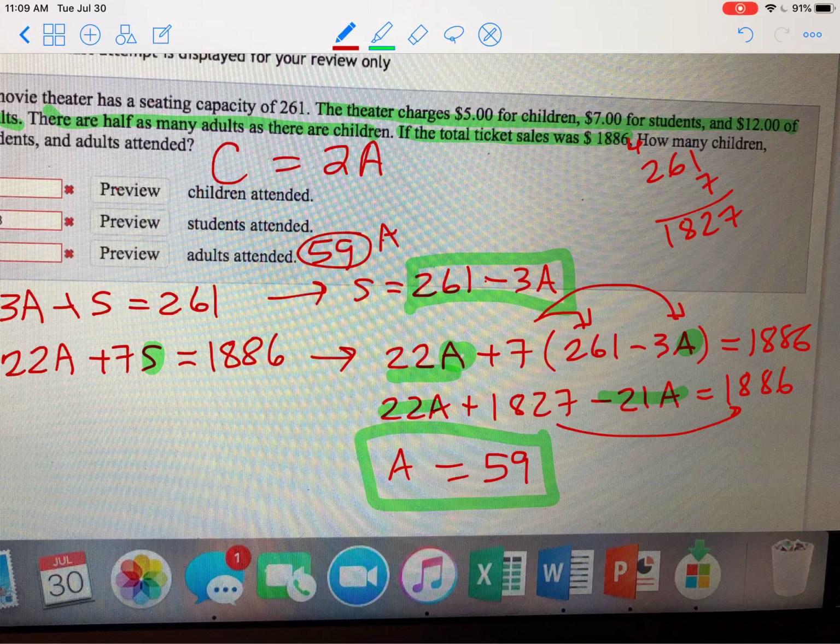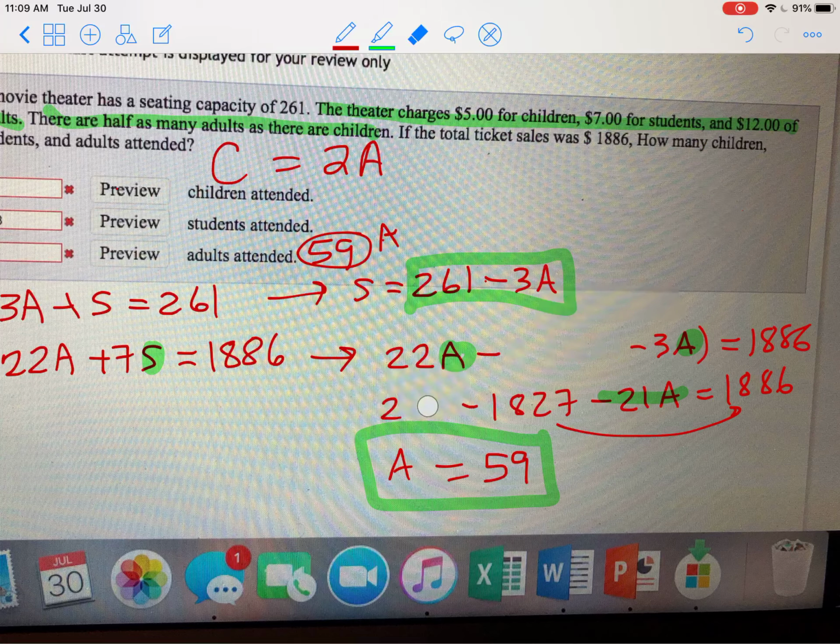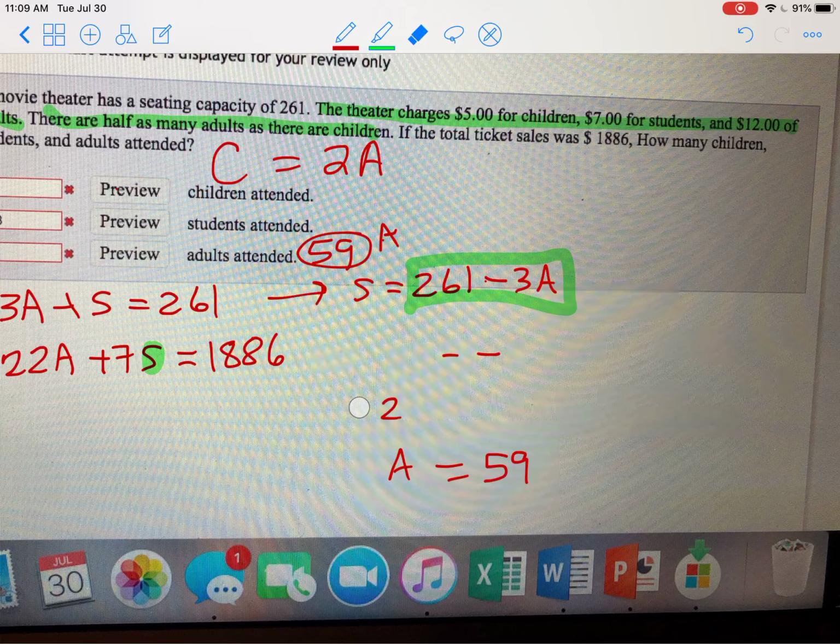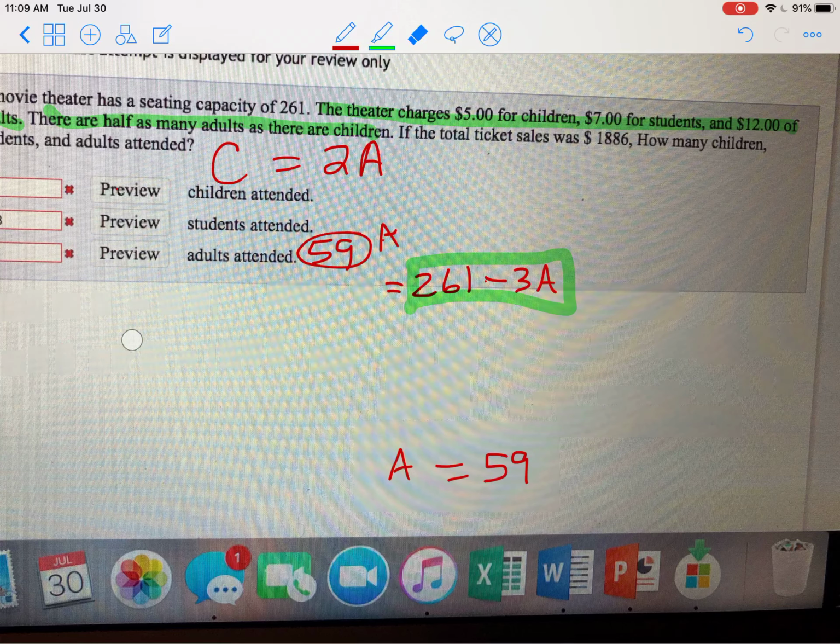Okay, and actually, since we have what A is, notice here we have that C is twice A. So actually we can get C. It's a little bit busy up in here, so let me get rid of some of this scratch work. Oh, I shouldn't have erased that S. There's an S that goes here.